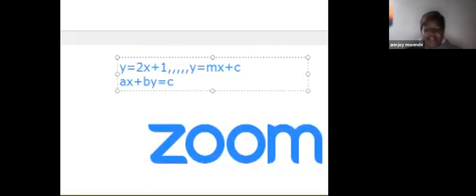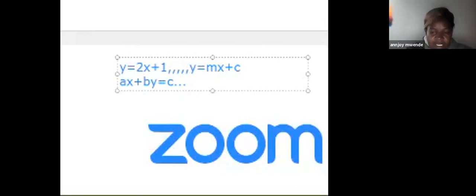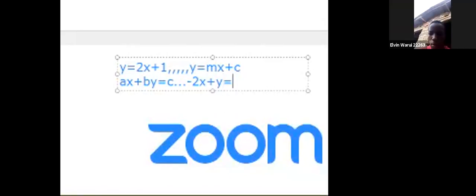When you're given that instruction, how do you write your equation? It will be negative 2x plus y is equal to 1 in that form.